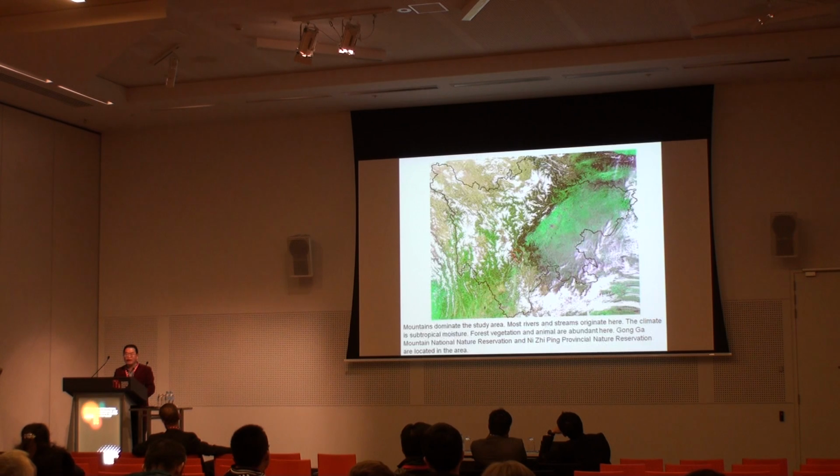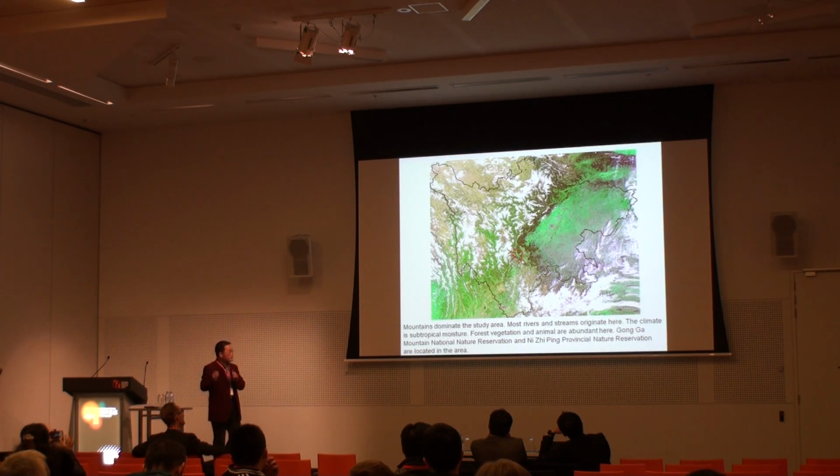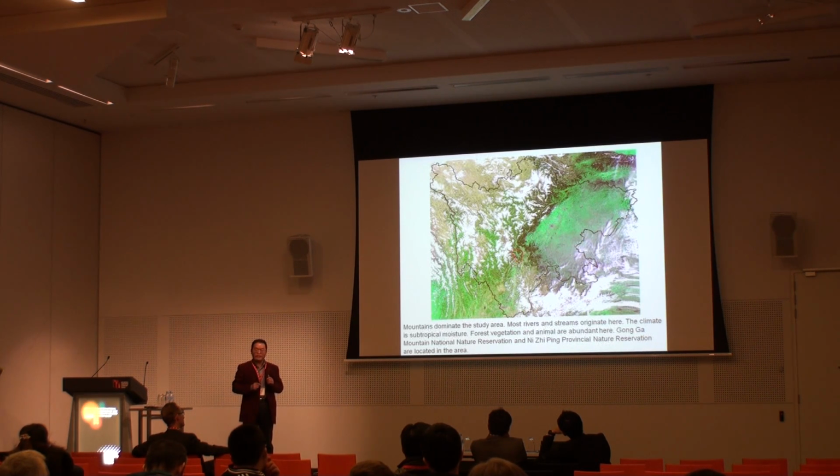In this area, the highest mountain has an elevation of about 7,000 meters above sea level. The top of the mountain is covered by permanent ice and snow.